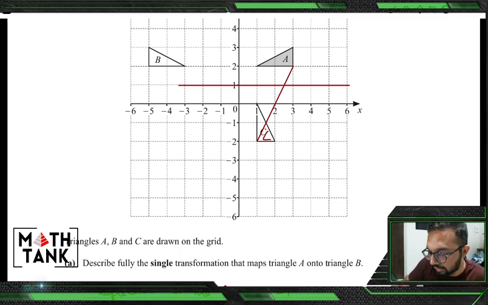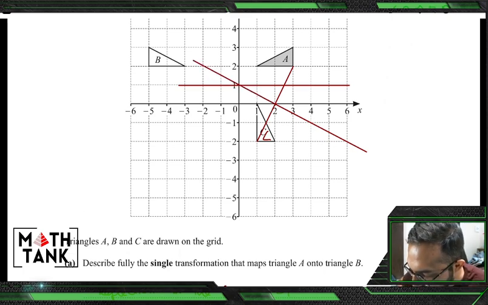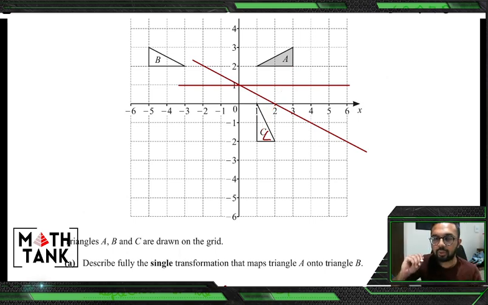I can see that the midpoint has to be this, and I'll try to make it approximately 90 degrees. Let's stretch it to the other side as well. So that passes through. Let's erase the original line. So wherever these two perpendicular bisectors intersect is the center of rotation. So in this case, it's 0, 1.